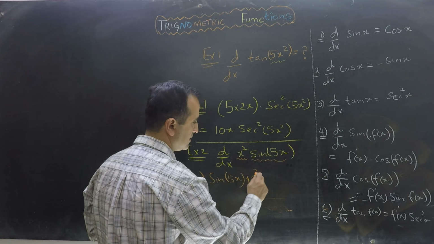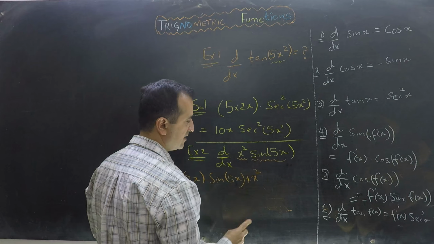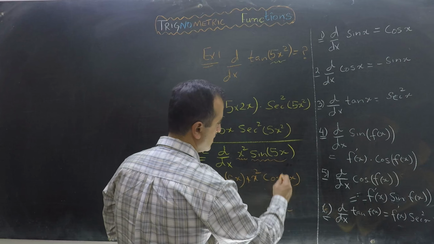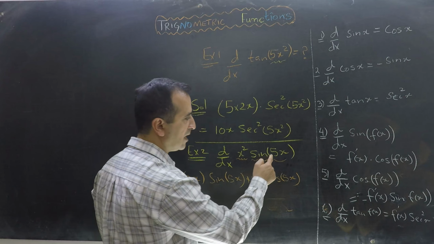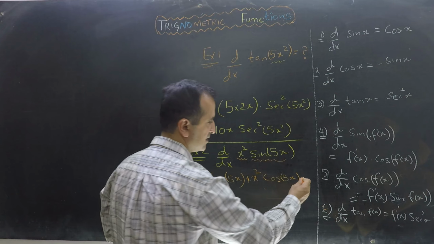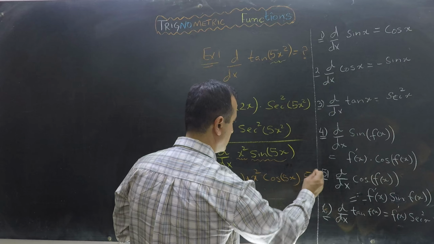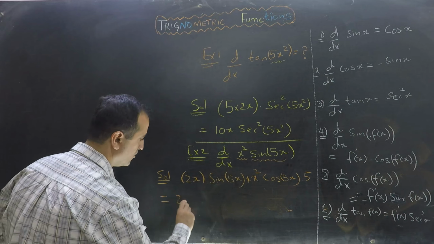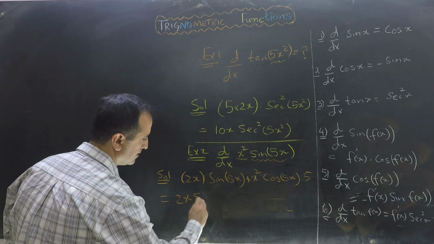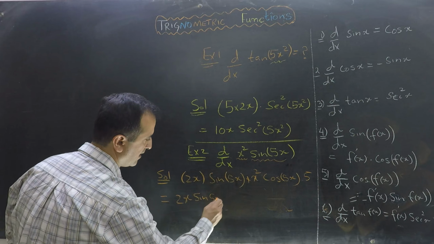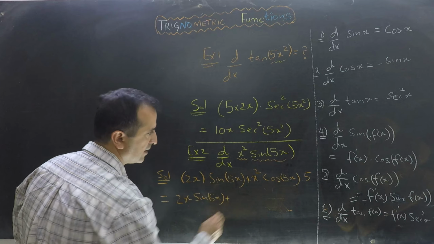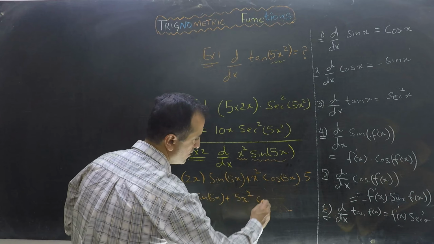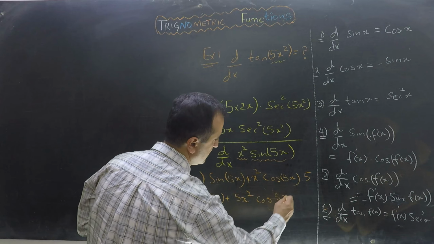So x square as it is, and derivative of sine 5x is cos 5x, and we have to multiply it with the derivative of 5x, which is 5. So we simplify it, it will be 2x sine 5x plus 5x square cos 5x.